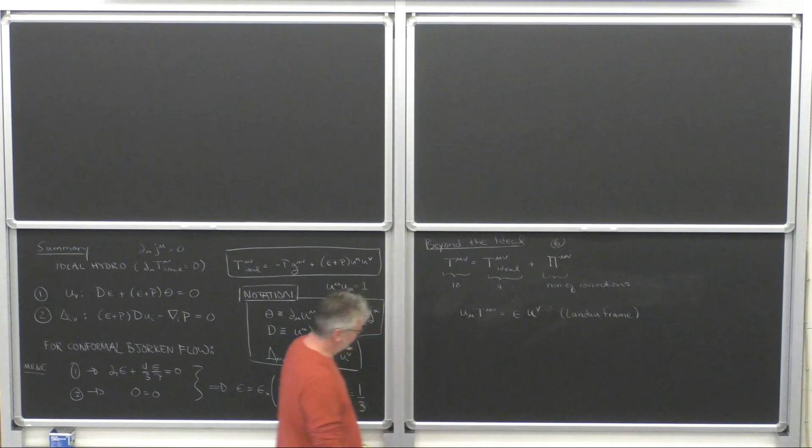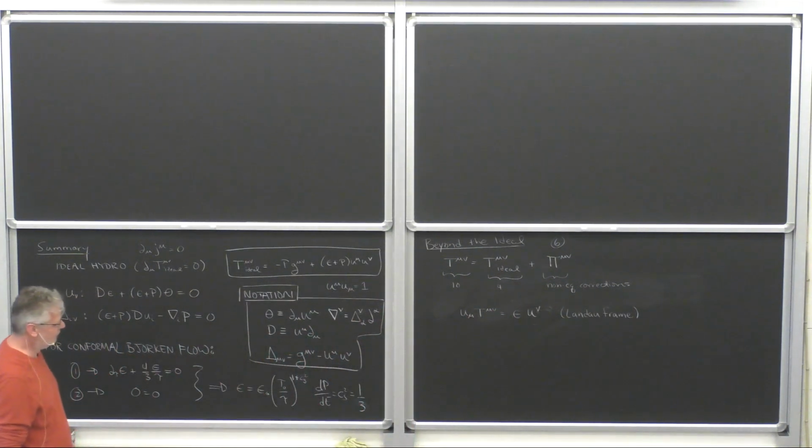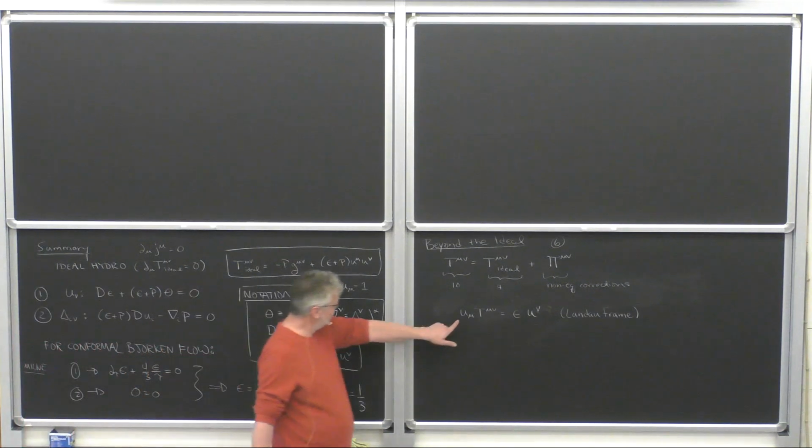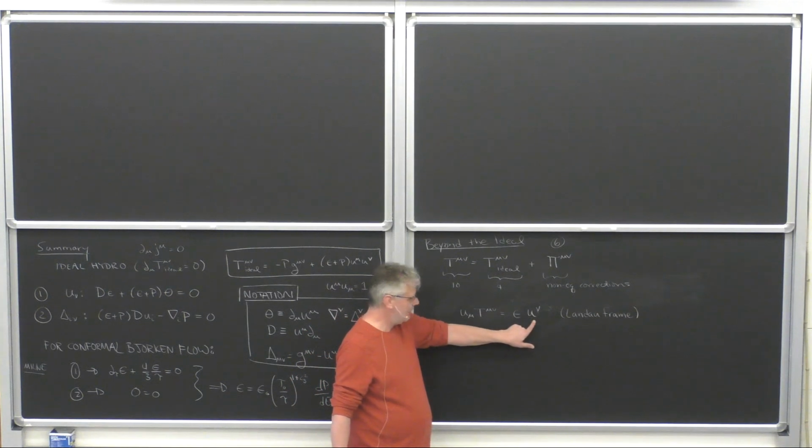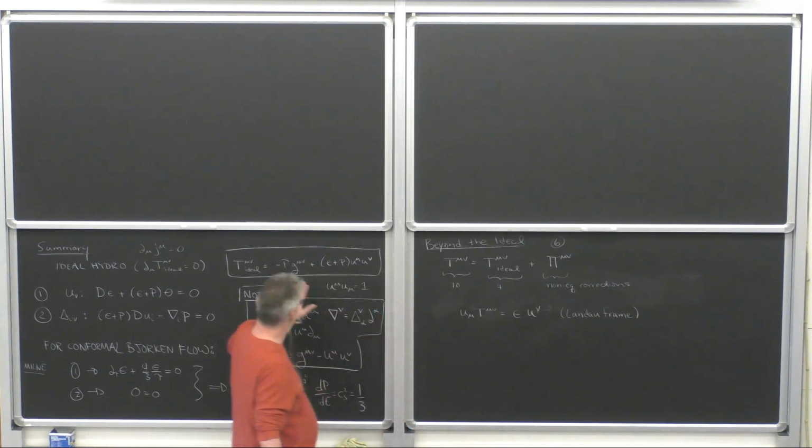And we're going to use something going back to Landau, which is called the Landau frame. And we're going to require that if we come in here with u mu and we hit T mu nu, that it simply returns epsilon times u nu. Now that's obvious from this form.